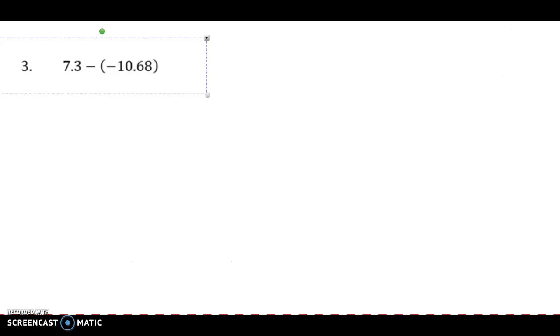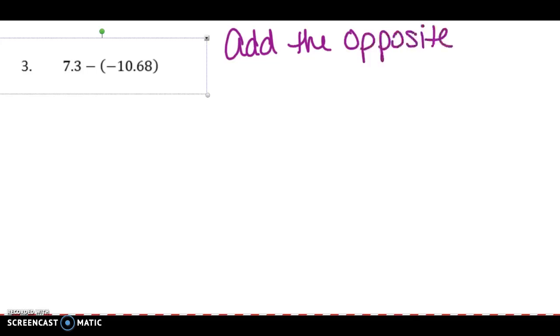Next one. Now it's a subtraction problem. I'm going to add the opposite, which means I'm going to keep 7.3 the way it is. So I'm going to rewrite this problem as 7.3 add instead of subtract. So this subtraction sign becomes a plus sign. The opposite means instead of a negative 10.68, it just becomes a positive 10.68.